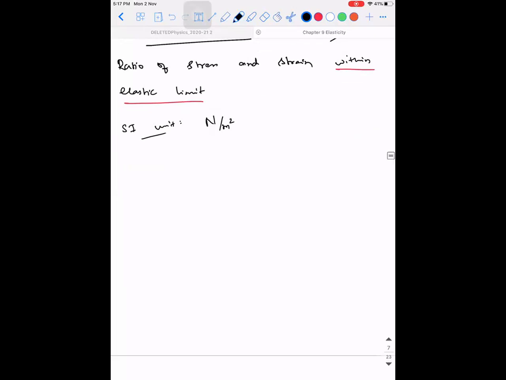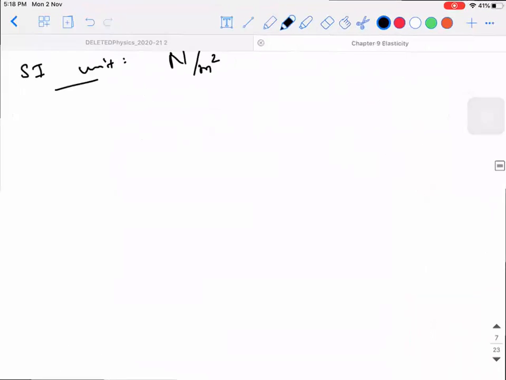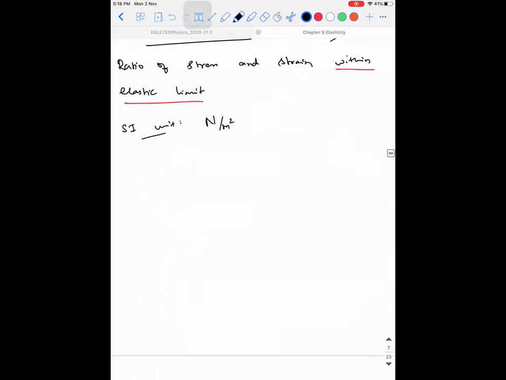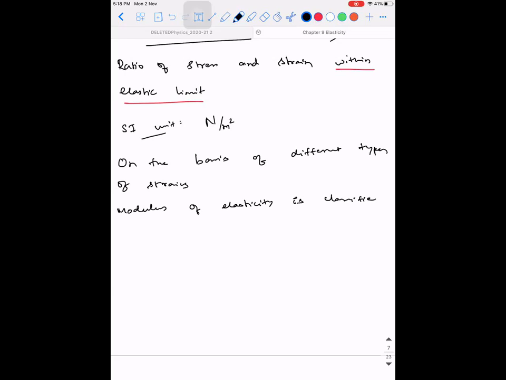So based on the type of strain, on the basis of different types of strain, modulus of elasticity is classified as follows.